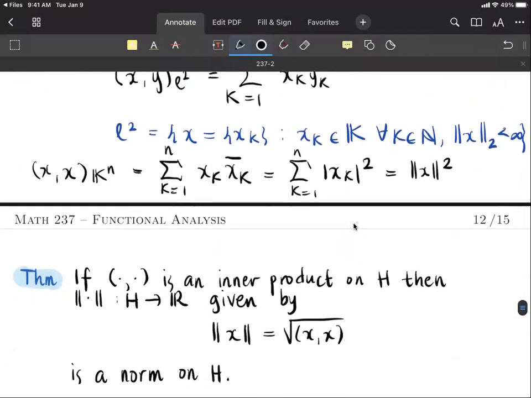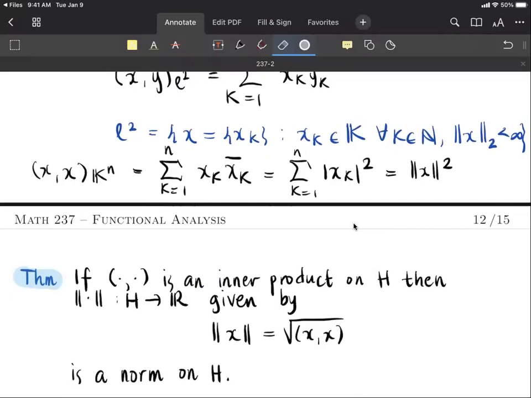And in fact, one could do this in a general setting. So if we have an inner product on H, then we define the norm of x to be the square root of the inner product with itself. This is motivated from the above example, where you can, of course, take the norm by just taking the square root of both sides.